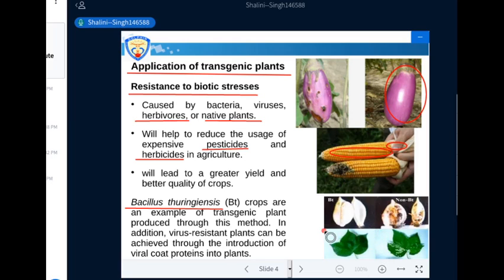And this is Bt cotton, which is having healthy cotton, and the leaves are also healthy. So you can see the effect of insect attack on non-Bt crops, whereas the Bt crops do not have any such remarkable effect of insect attack on their fruits and leaves.